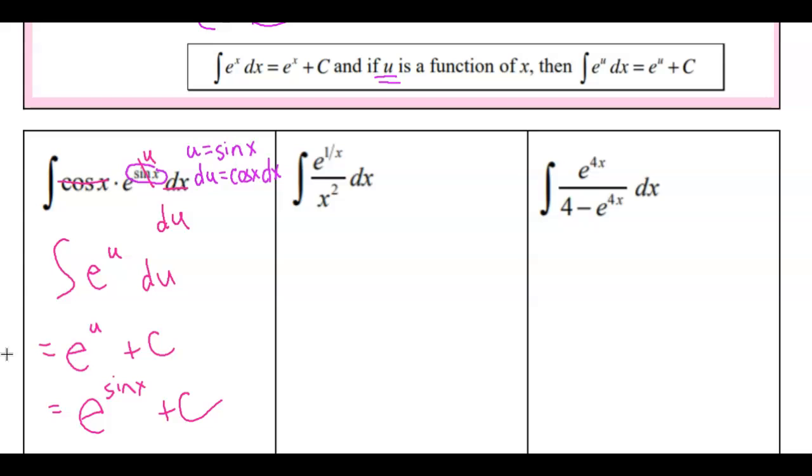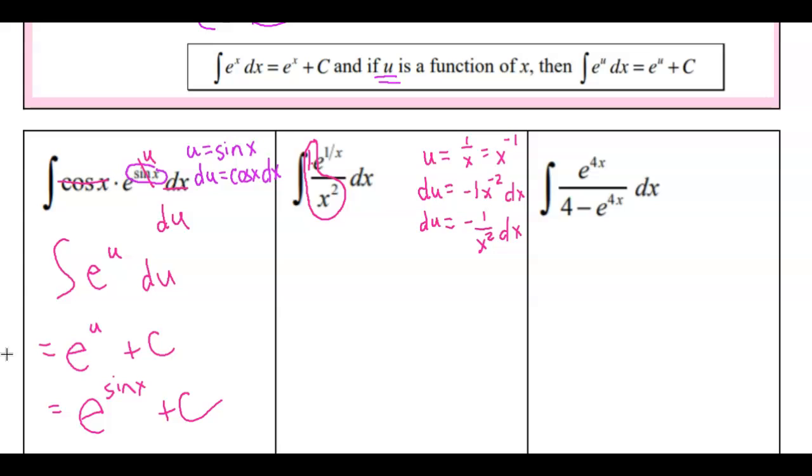So this one looks kind of odd, but let's see. If we let u be our exponent, well, remember that's really x to the -1. So du is going to be a power rule, which is really -1 over x squared. And I kind of have that. Remember, I could have like a 1 here, and we can group these together.